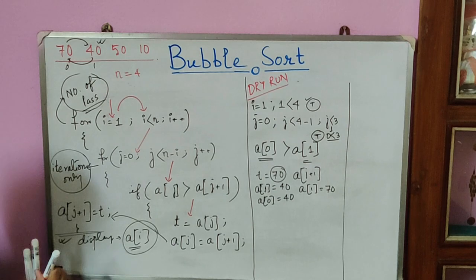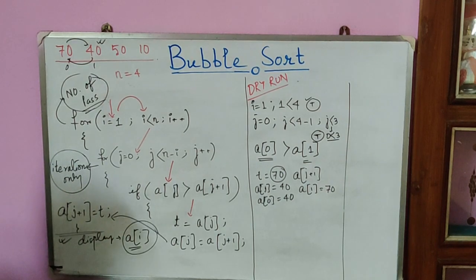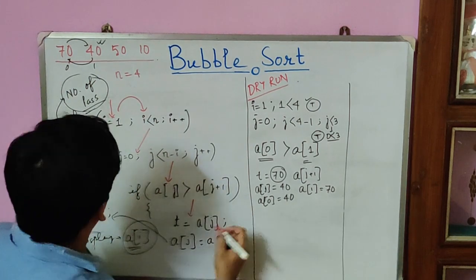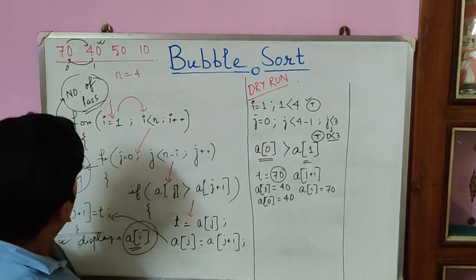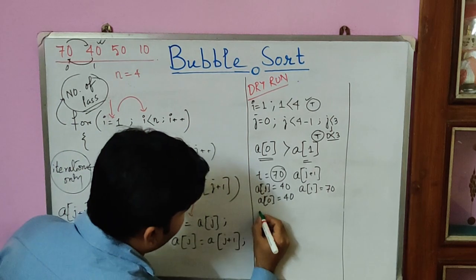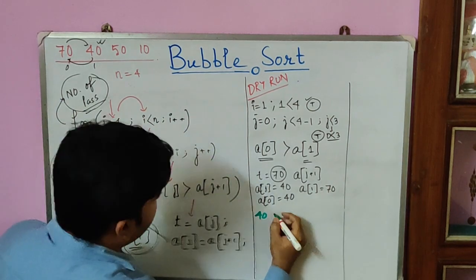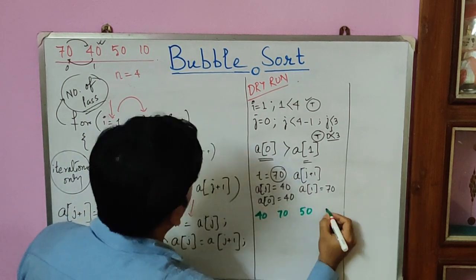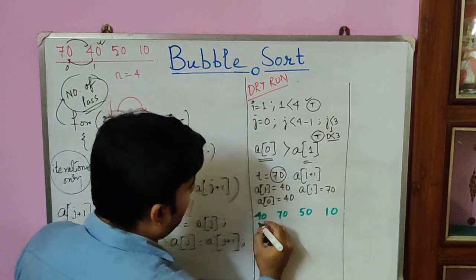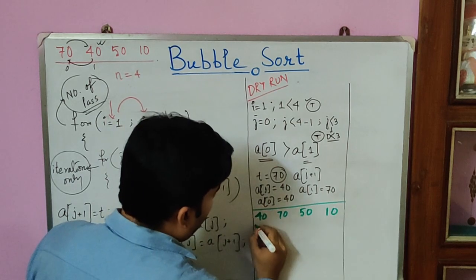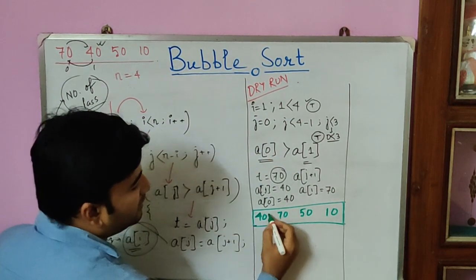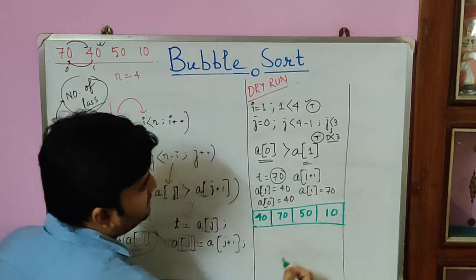So after the first iteration, my resultant value will be: in place of 70 it comes 40, then 70, then 50, then 10. You can see in the mechanism you got this type of value after the first pass.